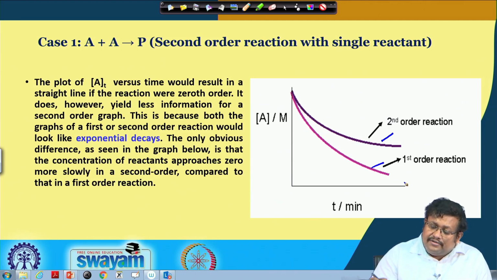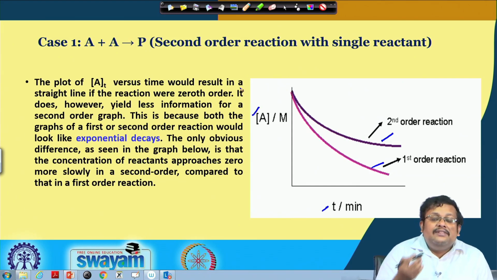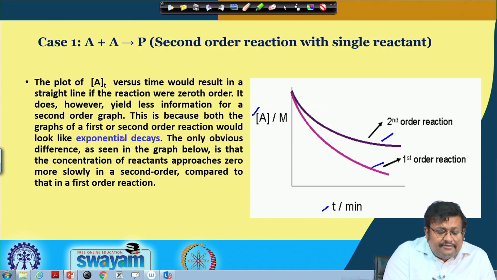Plotting concentration versus time, for 0th order reaction we will get a straight line, however, it will give less information for a second order graph. This is because the graphs of both first and second order reactions would look like an exponential decay. We can see here it is an exponential decay, and the other is also an exponential decay.